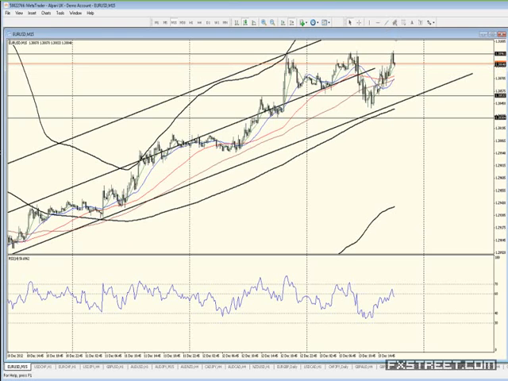But with the break of this, the structure no longer looks like a double top, and it is more likely that it's an expanded flat. Now, what does that mean? Expanded flat just means it's consolidating. And since we have a bullish trend before entering this consolidation, that means this is a flat to bullish market in the very short term.